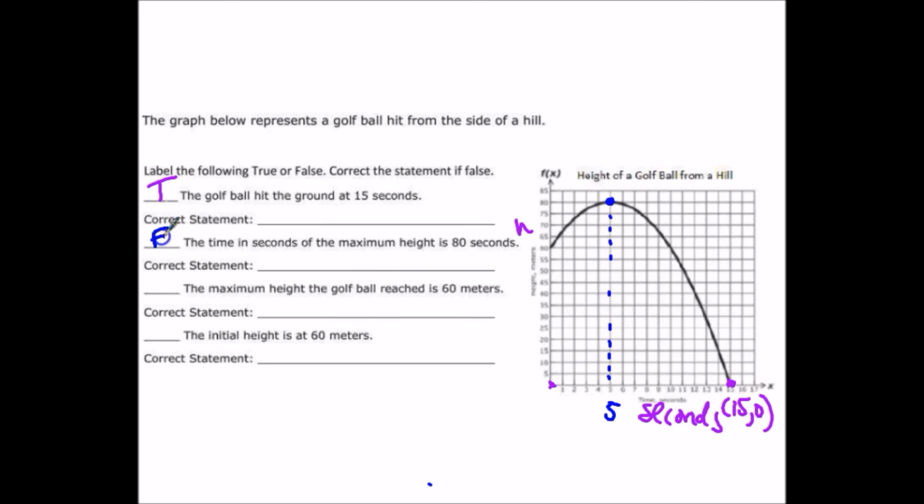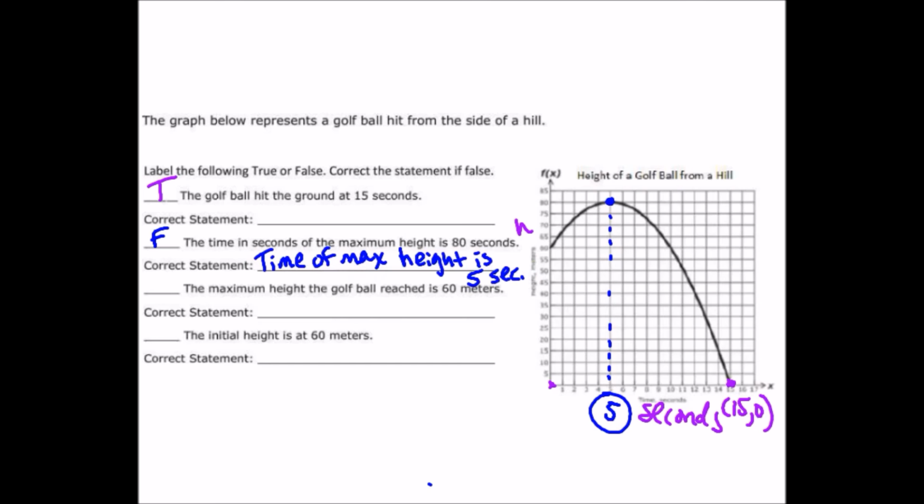So that's going to be false. But could we say that the time of the maximum height is, what's this number? 5 seconds. So the time of max height is 5 seconds. The time of the max height is actually at the 5-second mark.